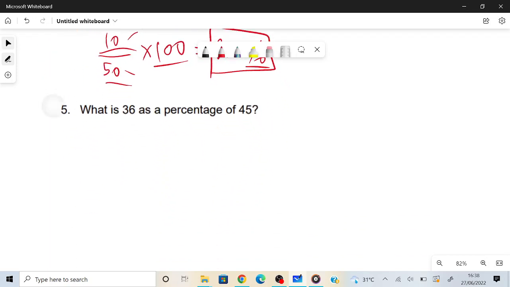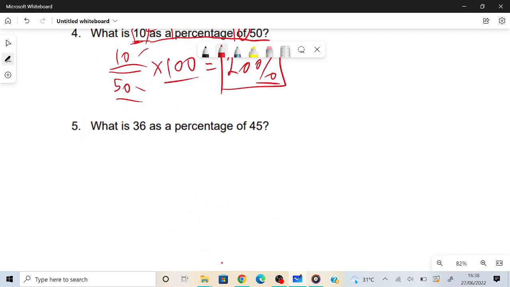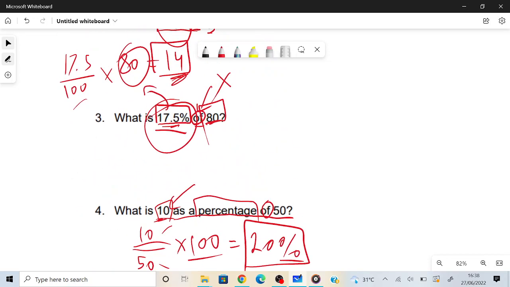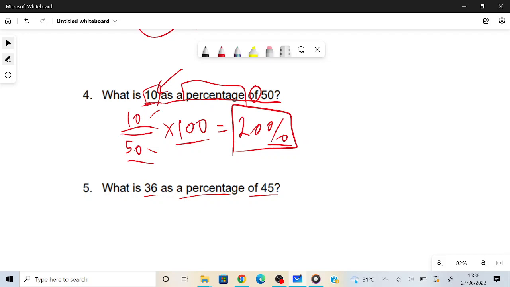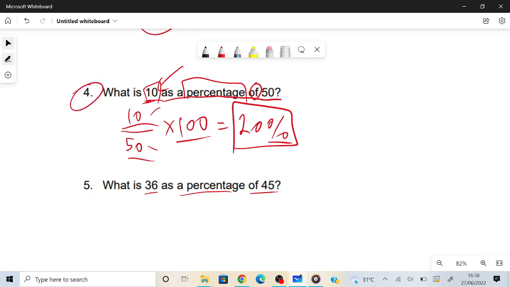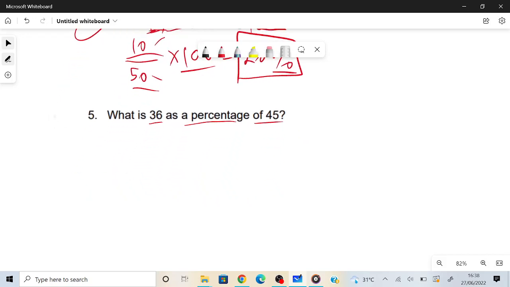And the next question, something very similar. It says, what is 36 as a percentage of 45? So again, not giving us a particular percentage and asking it of something. It's going the other way around, just like in question 4. So over here you do the same thing.